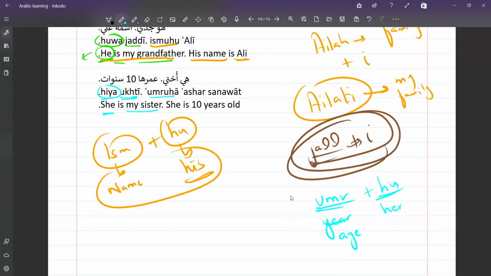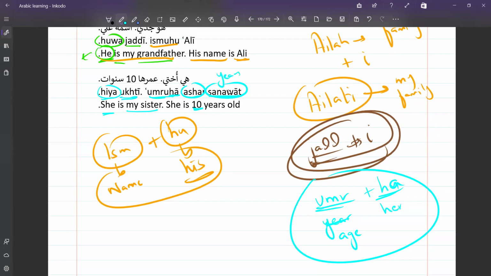So when I say umruha, since sister is feminine, I would say ha, not hu. So ha means her. Umruha means her age. We have completely understood how to use the possessive pronouns; I am just revising it, right? So umruha ashara, ashara means 10. Ashar sanawat means years.